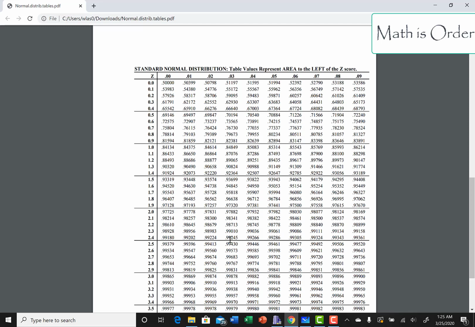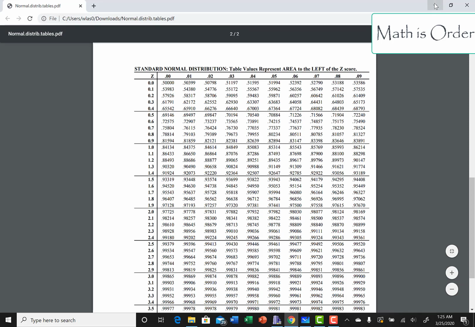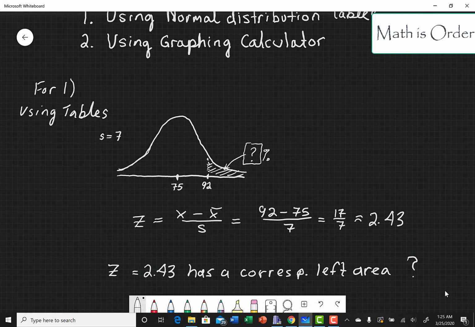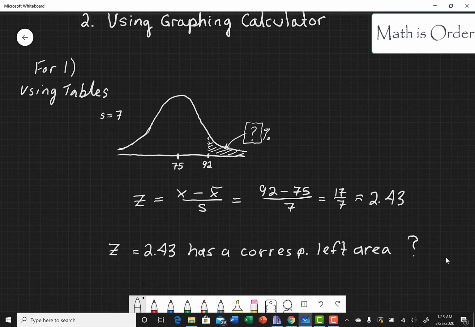This is the corresponding left area, 0.99245. But again, we did not need the left area.